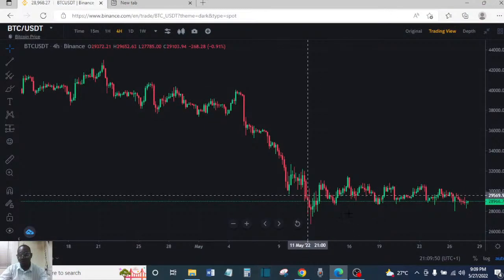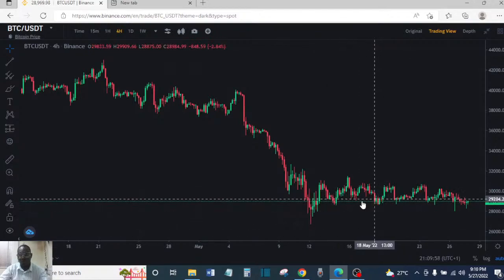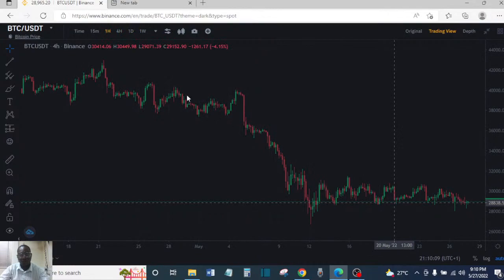At that time, it was on the 17th of May, so we had just 5 days into the movement then. There was consolidation. Checking it through the 1 hour chart, you will see the consolidation there in a more proper way. After that 17th, there was no breakout until yesterday.